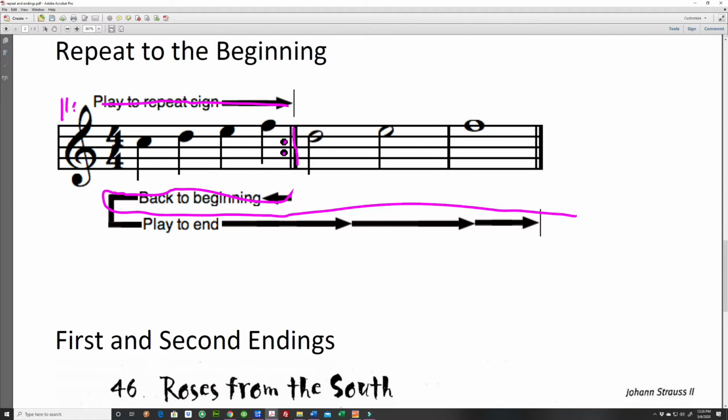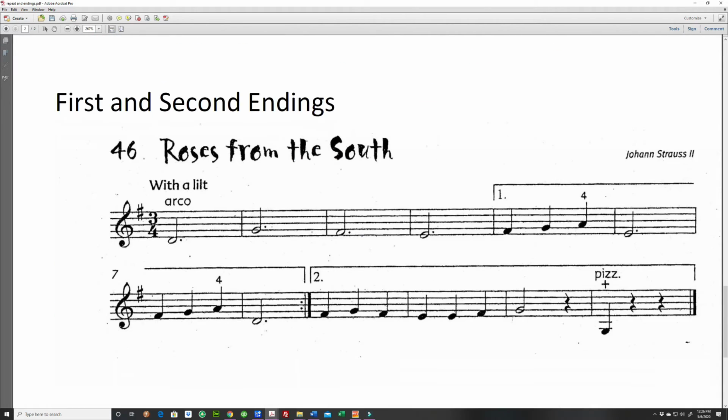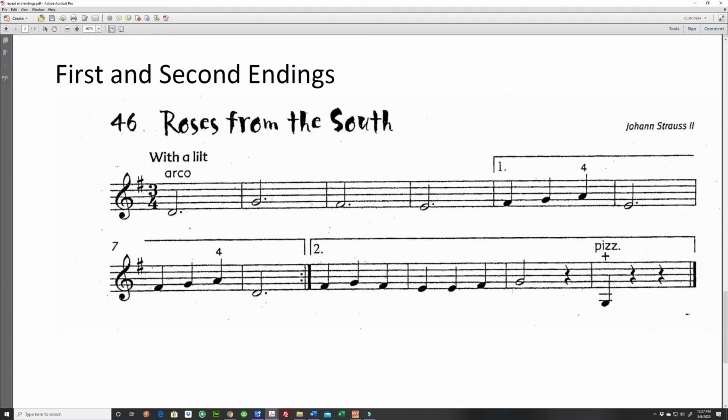So the other thing they can do for us is, if the repeated section is quite long, sometimes they don't want the beginning and the ending to be exactly the same. So they do something called a first and second ending, and you can see the first ending here and the second ending here.